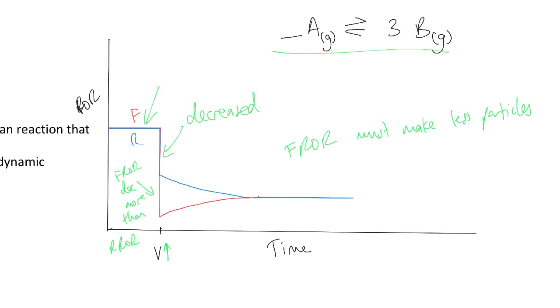The forward reaction must make fewer particles, so the coefficient here must be a value higher than 3. It could be 5, could be 6, whatever. Actually, it can't be 6. Who can tell me why it can't be 6? Because then it would simplify to 1 to 2. So some number that's not divisible by 3 has to be that number. As long as it's making fewer particles in the forward reaction, the statement becomes true.